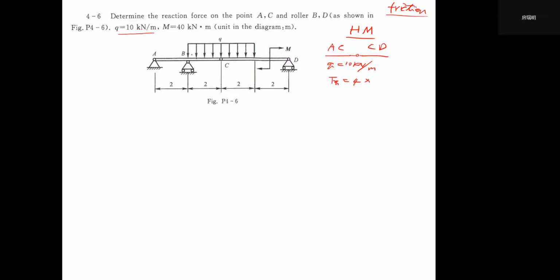Because this height means its distribution, q is 10 kilonewtons per meter. So we can eliminate meters here, and this will be 40 kilonewtons. And its action will be at the middle of its whole length, right? That means this FQ will act on this point. So we should tell you guys that in advance.